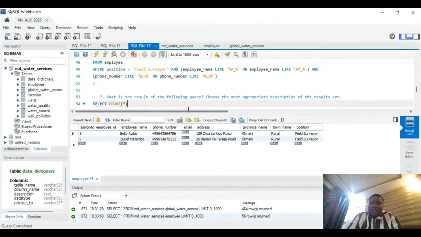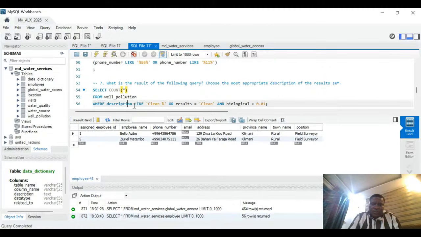It is just a matter of copying the query, putting it into your workbench and executing it so that you can return whatever answer you are giving.